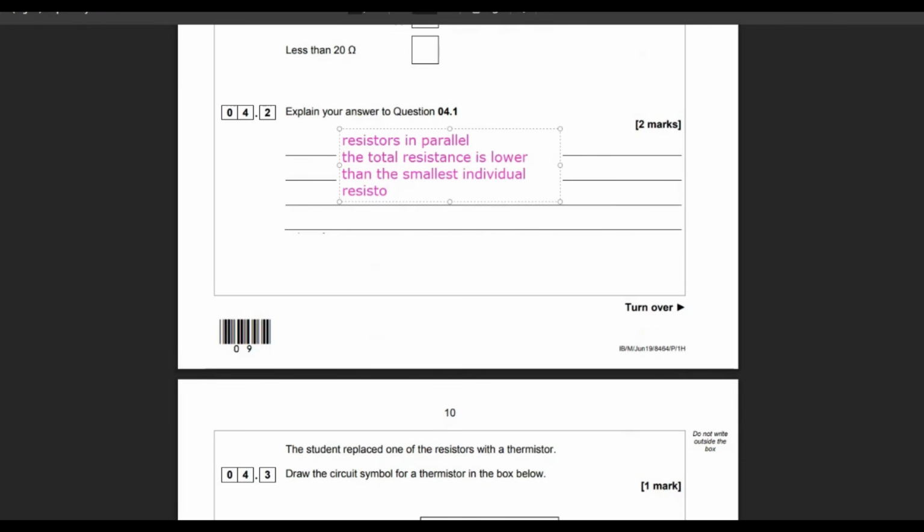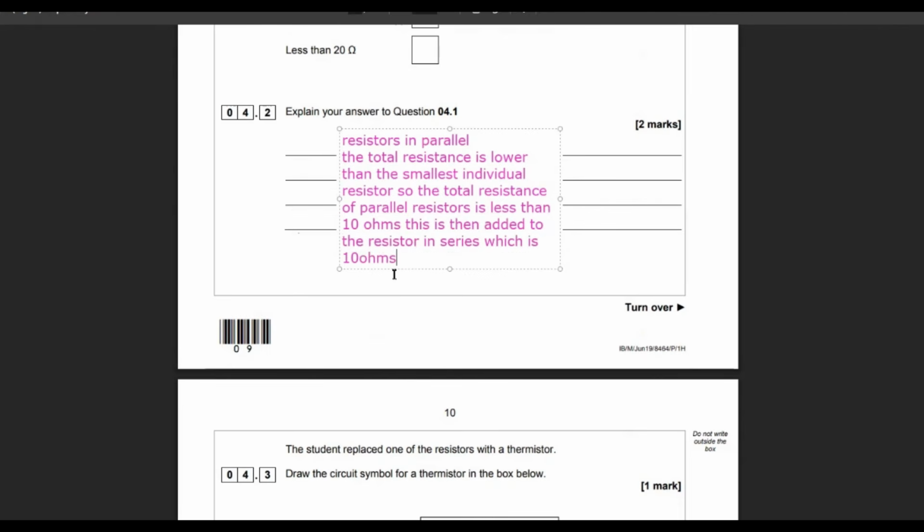So the total resistance of parallel resistors is less than 10 ohms. This is then added to the resistor in series, which is 10 ohms.